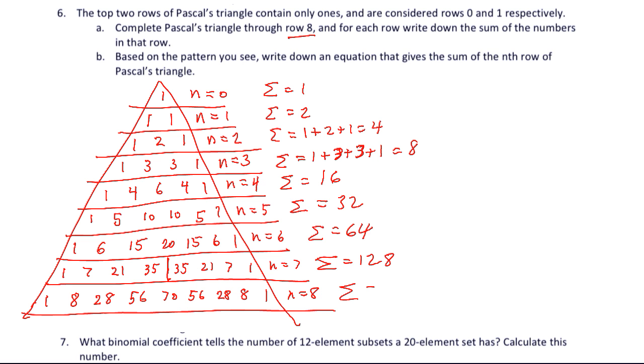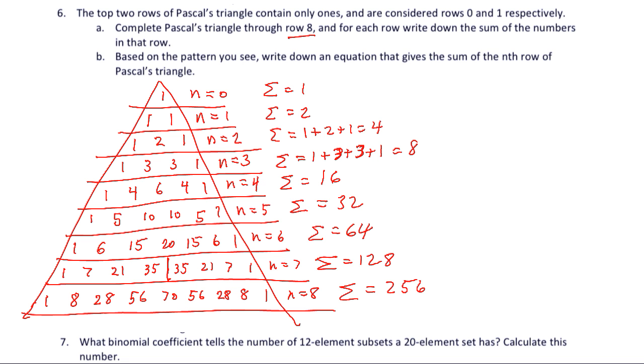Finally, for the last one, 1 plus 8 is 9, plus 28 is 37, plus 56 is 93, plus 70 is 163, plus 56 is 219, plus 28 is 247, plus 8 is 255. I added it wrong. It's 256. Thought I could do it.